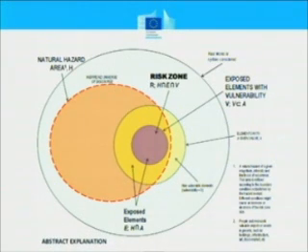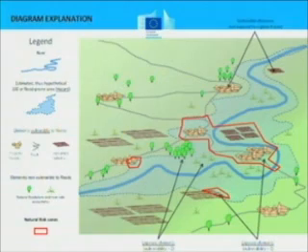And in the case that an exposed element, so you can think of property, of people, or social services, infrastructure, if these elements are vulnerable to the type of hazard, then we speak about a risk zone.